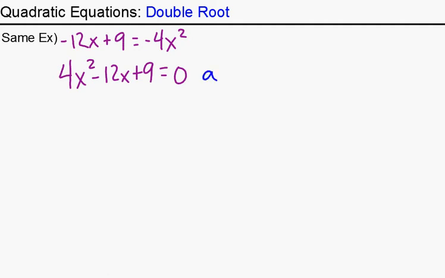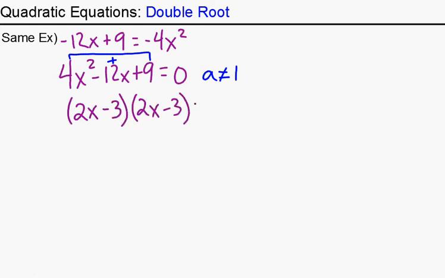In this case, I can factor with a not equal to 1. Find 2 numbers that multiply to a times c, which is 36, and add up to the middle, which is negative 12. I'm just going to give you the factored form in this case. I'm not going to go through the whole a not equal to 1 process. This becomes 2x minus 3 times 2x minus 3 equals 0.